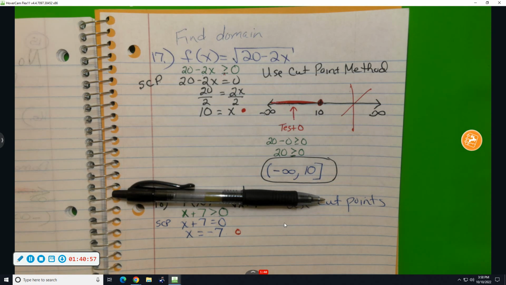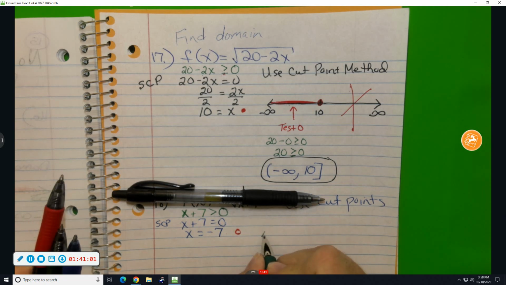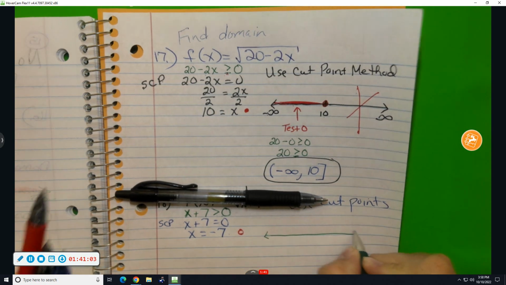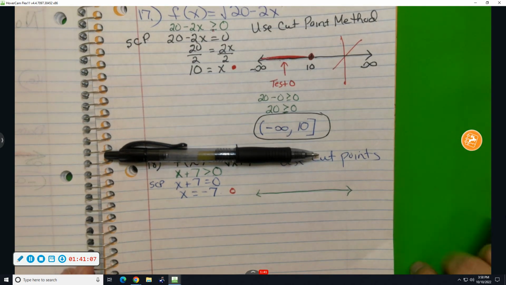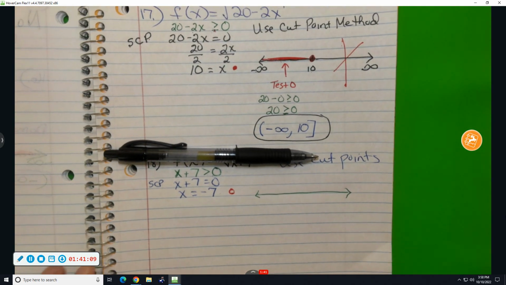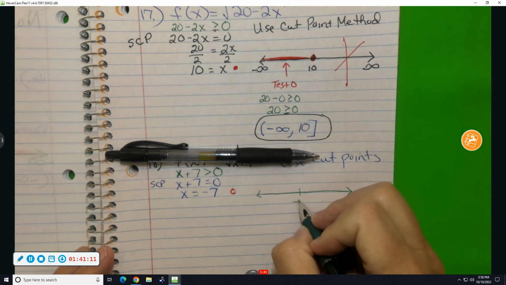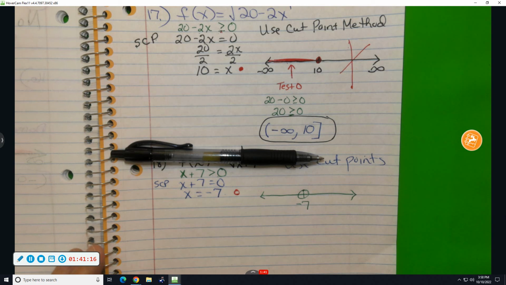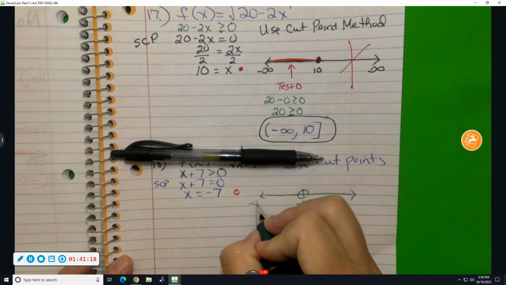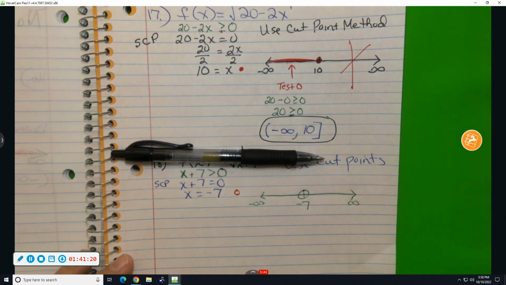Draw your number line. So, here's negative 7, and y'all said that would be an open circle. There's negative infinity and positive infinity.